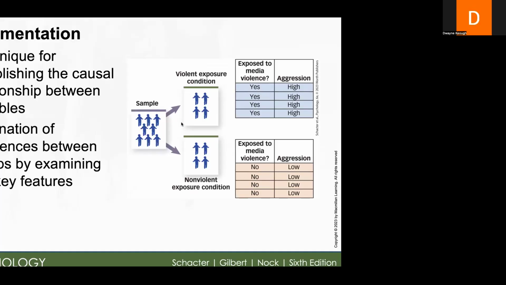We're going to give one group exposure to violence, whatever that is. Let's think of this as a Bobo the Clown study that was actually performed. A group of kids watched an adult go into a room with a bunch of toys and interact with the toys. In one instance, the kids watched the adult punch this Bobo the Clown punching doll toy.